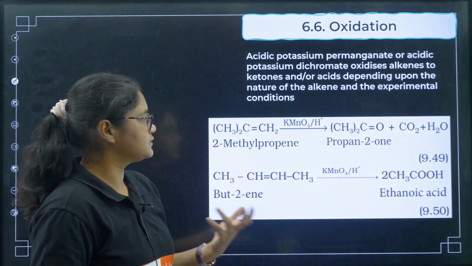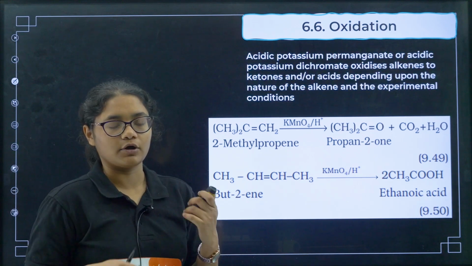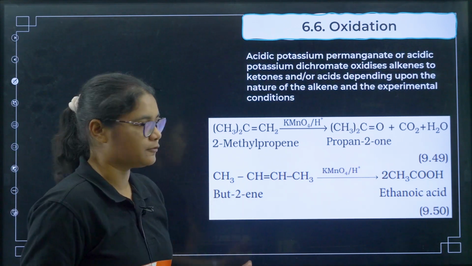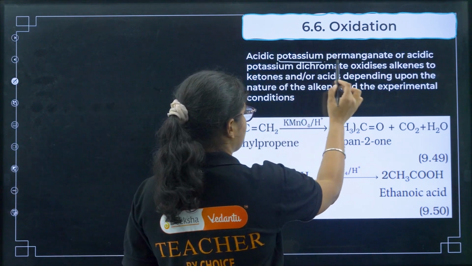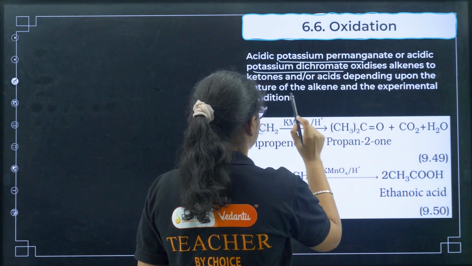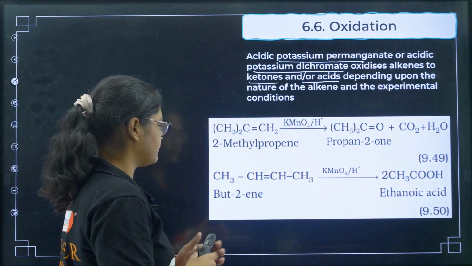Now there are certain more oxidation reactions if you use normal KMnO4, not dilute or cold. Generally we say hot KMnO4. Potassium permanganate or acidic potassium dichromate oxidizes the alkene to ketones and or acids. We have it like this.